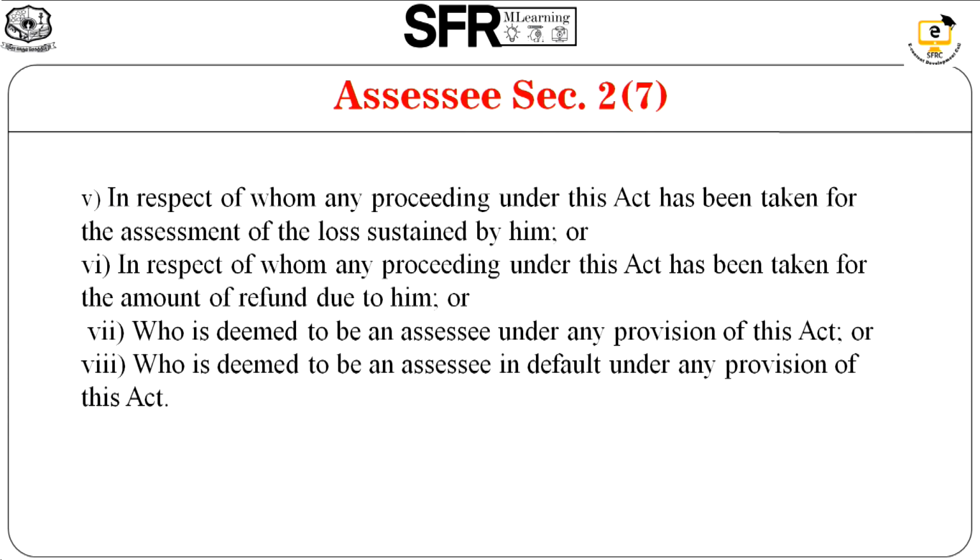The assessee definition continues here: in respect of whom any proceeding under this Act has been taken for the assessment of the loss sustained by him, or for the amount of refund due to him. We can also say an assessee is one who is deemed to be an assessee under any provision of this Act, or who is deemed to be an assessee in default under any provision of this Act.